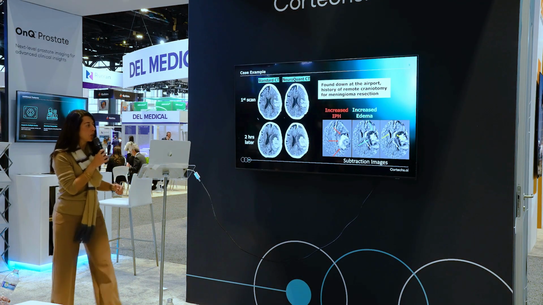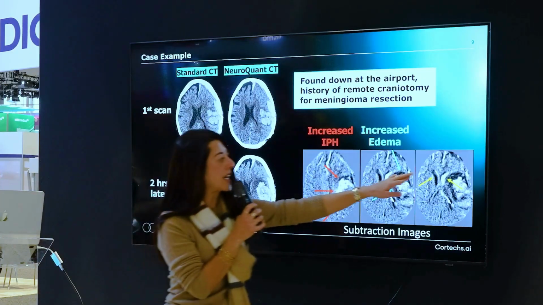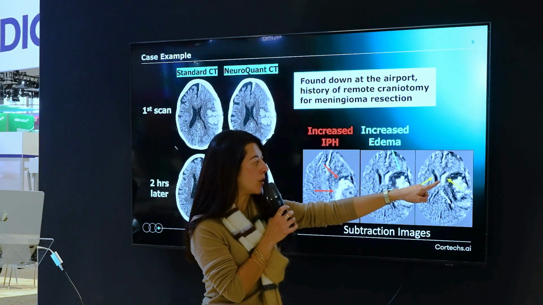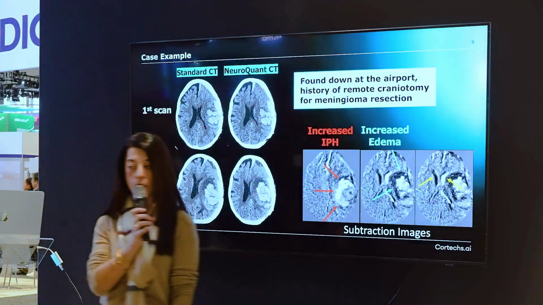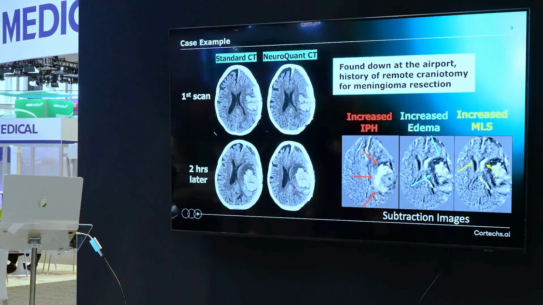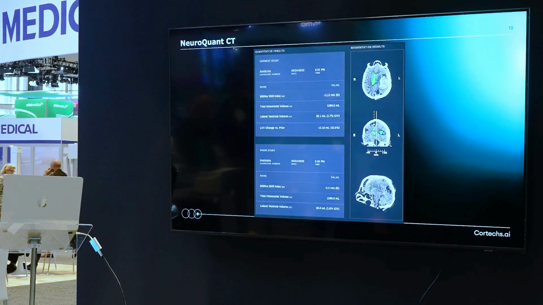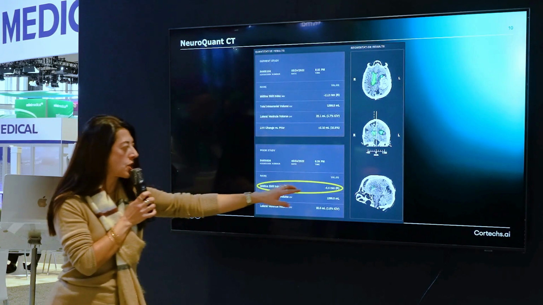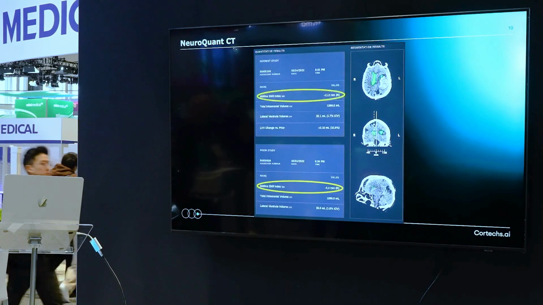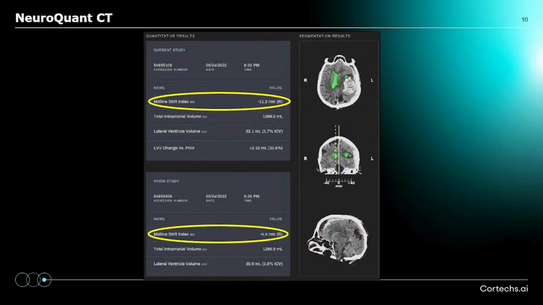And then looking at the ventricles, we're getting this sort of funny thing happening where one frontal horn has increased attenuation and one has decreased. So what does that mean? It means that things have shifted. In order to quantify the degree of that shift, we can look at this lovely report, which tells us that at the initial time point there was about a 4 millimeter shift, and now that's increased to 11 millimeters.